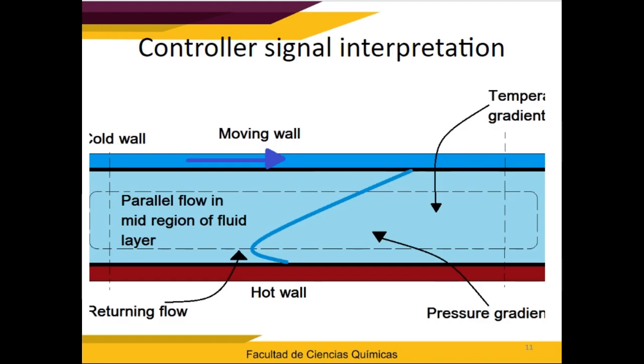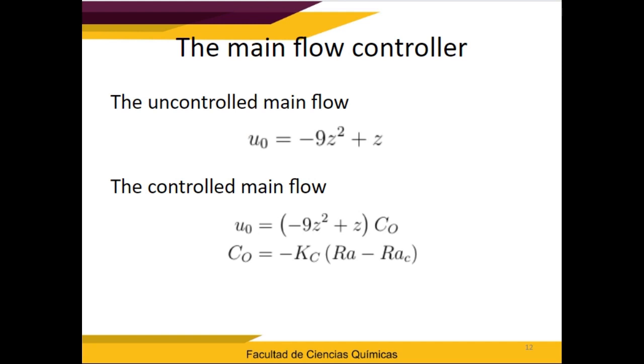Now, a little deeper into the fluid layer hydrodynamics. As the fluid moves, a velocity profile develops as depicted in the sketch above. This is a laminar flow that can be easily calculated. U0 is the velocity profile for our returning principal flow.